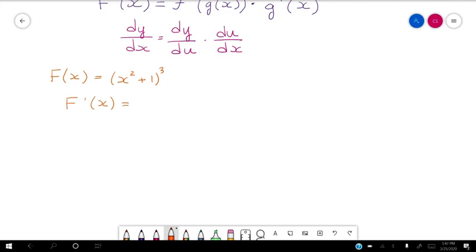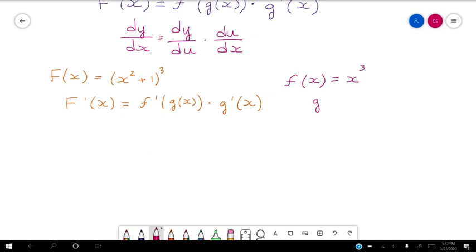According to the chain rule, we take the derivative of the outside function with the inside function still hanging out inside, and then multiply it by the derivative of the inside function. In our case, the outside function is what? That's when we cube things.